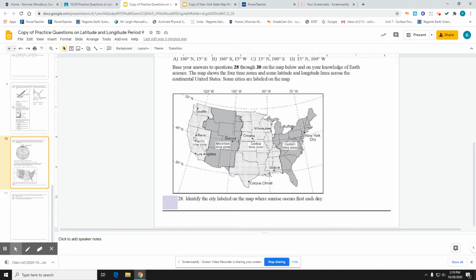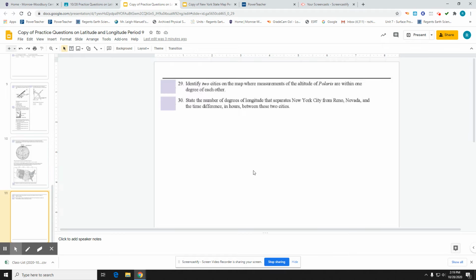Now, since the Earth is spinning at 15 degrees per hour, 45 divided by 15 is a 3-hour difference. So if it was 7 here, it would be 6 here, 5 here, 4 here. 3-hour difference altogether.